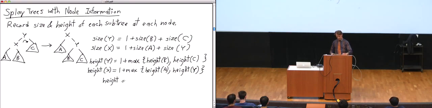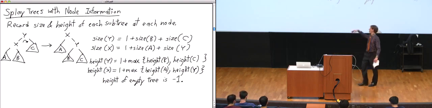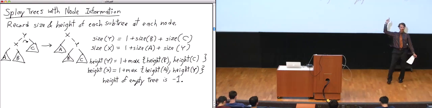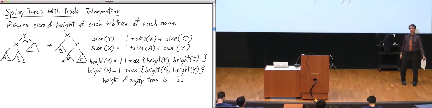By empty tree, I mean one that has no nodes at all, not even a root node. But if you use that convention, then these height formulas work out for any node in the tree.